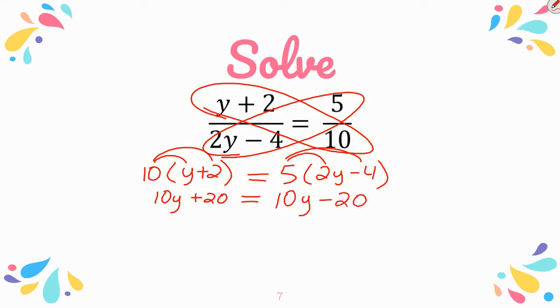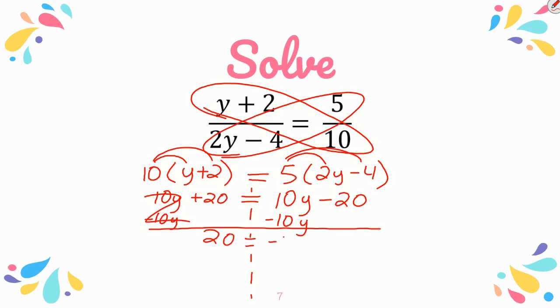Okay, now I need to get all of my variables on the same side of the equation. So I'm going to subtract 10y from both sides. That's going to leave me with 20 on the left and negative 20 on the right. Now wait a second.